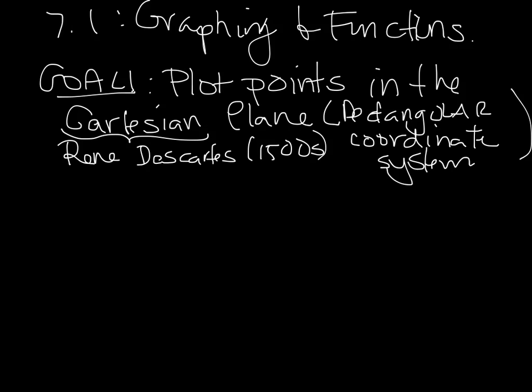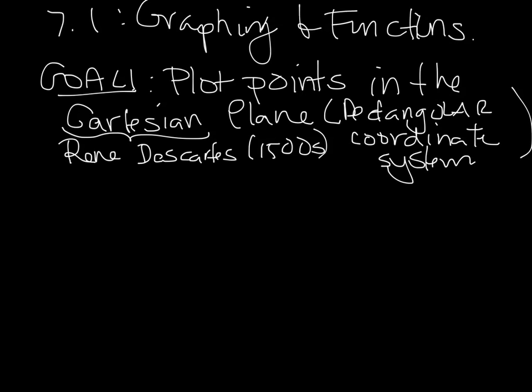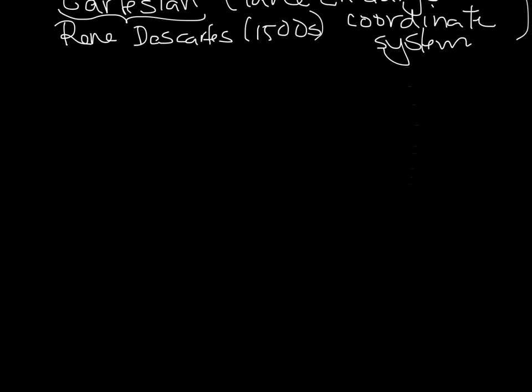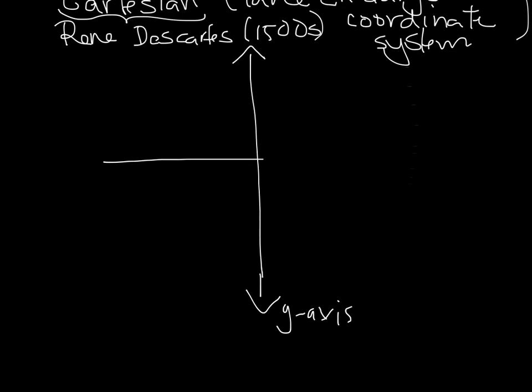Okay, and basically what this is, let me just move up. Okay, there we go. So the Cartesian plane is constructed of a vertical line, which we call the y-axis, intersected with a horizontal line, which we call the x-axis.